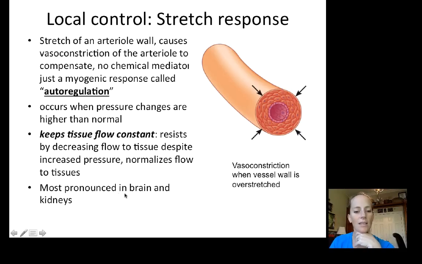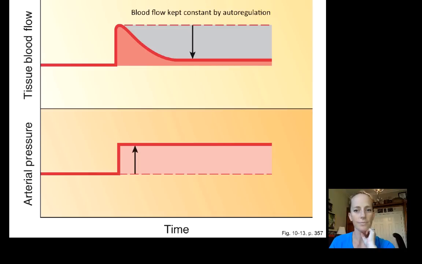This is most pronounced in the brain and the kidneys, where the damage of high pressure would be most severe. So this is called autoregulation, and it's a muscle response where when the vessel gets stretched too much because of high pressure, it will resist that stretch by contracting the muscle. This makes sure that the blood flow is kept constant, particularly in the brain and the kidneys.